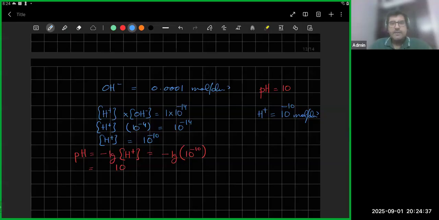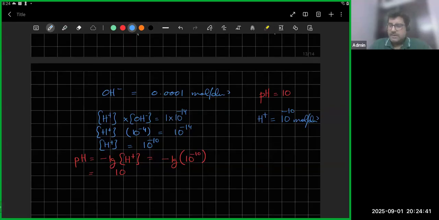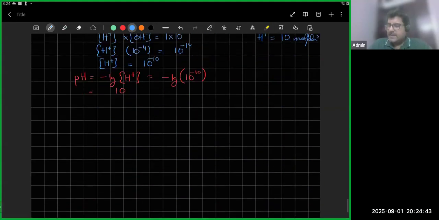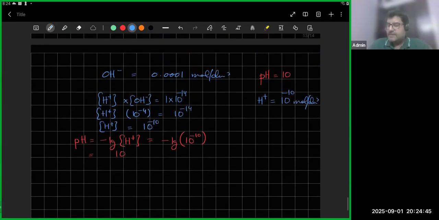So just remember that we are all tracking what is happening to pH. And I had told you about this too, there are two ways of doing that. You can either use this expression, or you could do the other one as well.